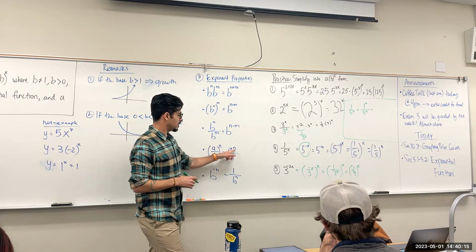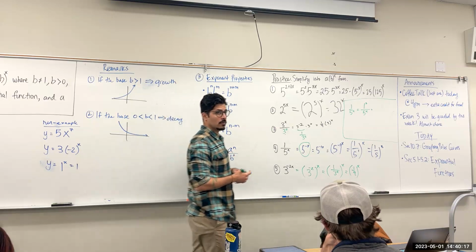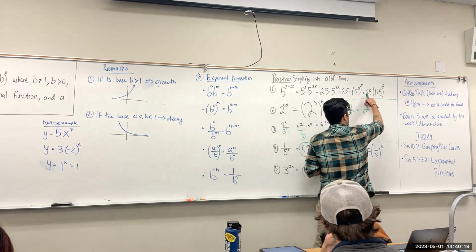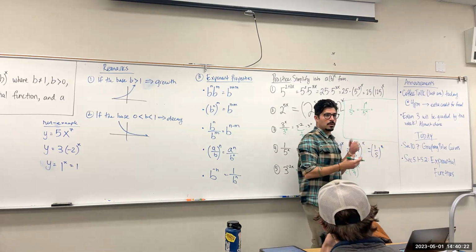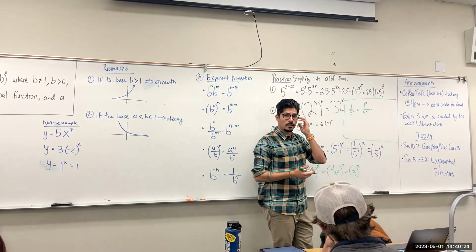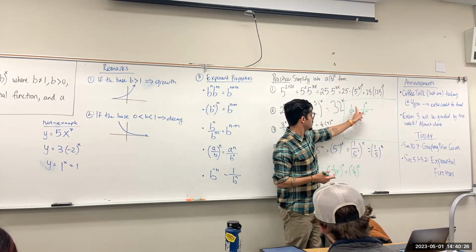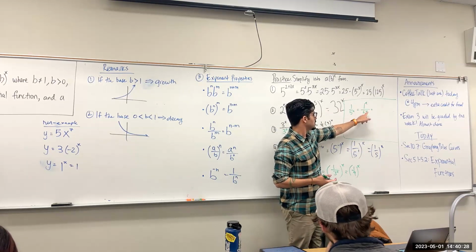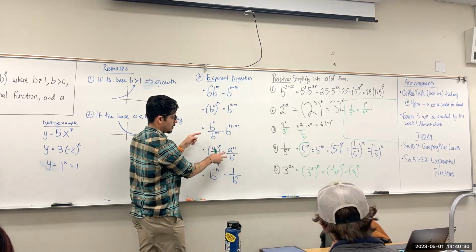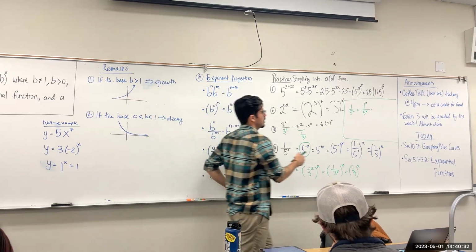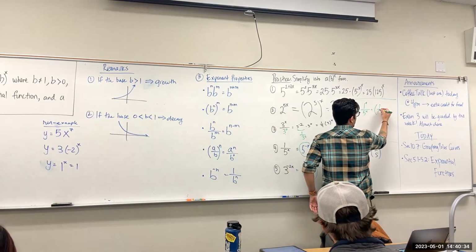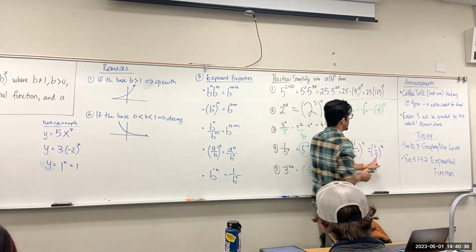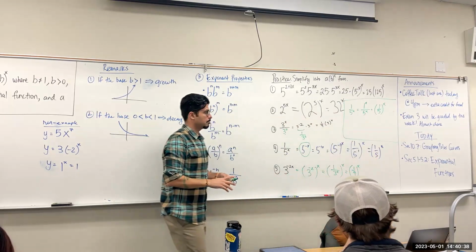You can't do that because the exponents need to be the same. So you could do it as x, because 1 to the power of any number will still just be 1, correct? So if you manipulate it so that you see this as 1 to the x, now you can go backwards and apply it this way, and then you'll get 1/5 to the x, which is, I think, the same answer. Yep.